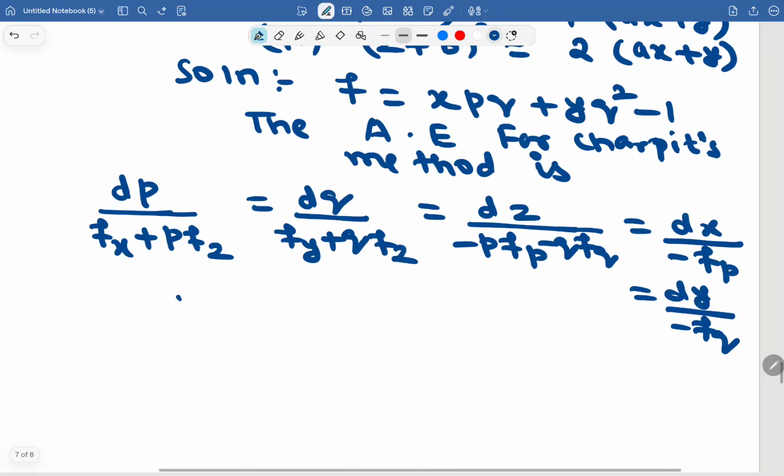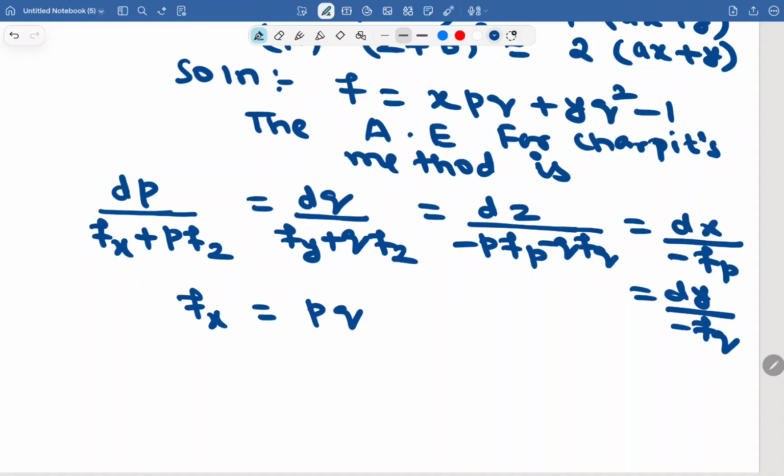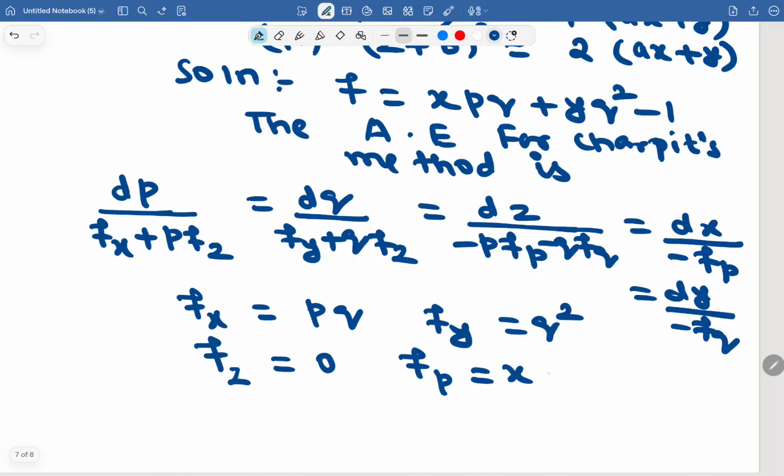From f, find fx. This is pq. Find fy, which is equivalent to q square. Find fz. Fz is 0. Find fp, which is equivalent to xq.